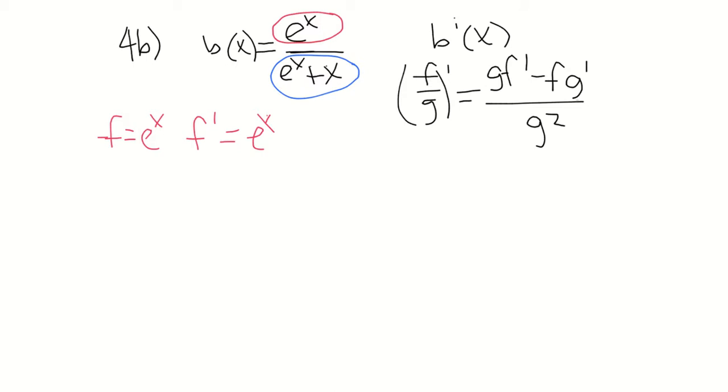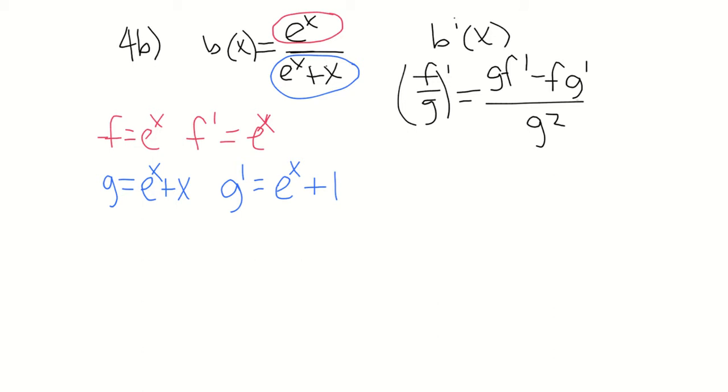And then our bottom function, g, is e to the x plus x, which makes g prime the derivative of the sum, which is the sum of the derivatives, so e to the x plus the derivative of x, which is 1.